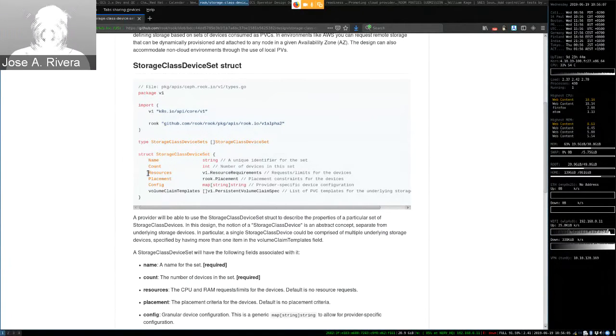But doesn't that happen now, where each OSD pod is configured exactly with the resources and placements that are specified in the cluster CR? For that node, yes.